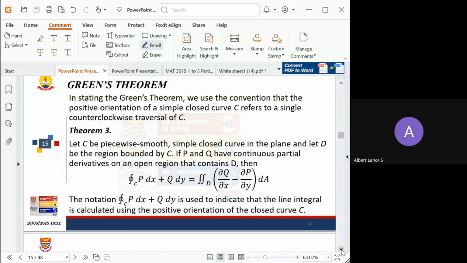Now let's move on to Green's theorem. In advanced calculus, one very important theorem is Green's theorem. Green's theorem is the ability to find line integrals over a simple closed curve or a simple closed path.